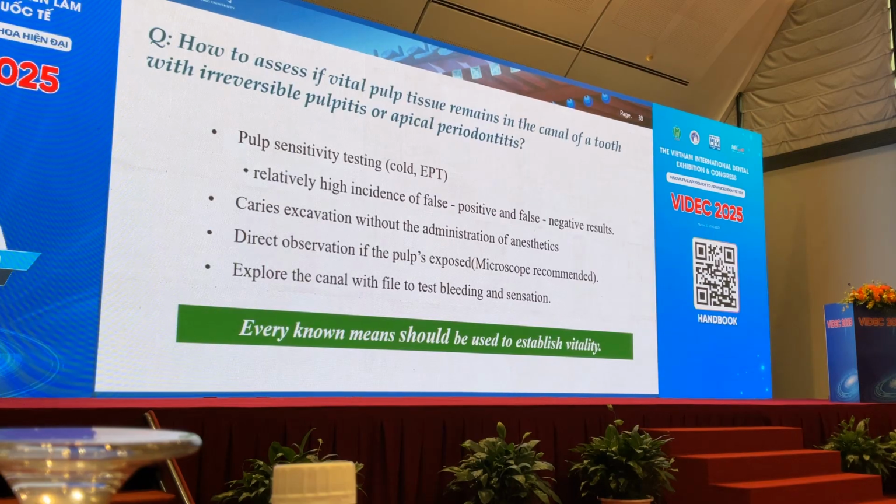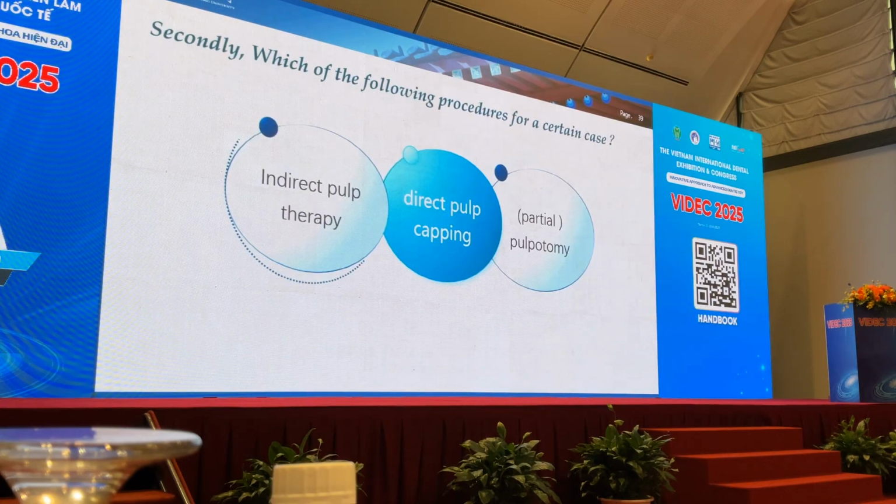And once the vitality is established, what would you do for the next step? For the next step, we should figure out which of the following procedures is suitable for the affected tooth. Actually, all the procedures have been reported to be successful for teeth with irreversible pulpitis or apical periodontitis.